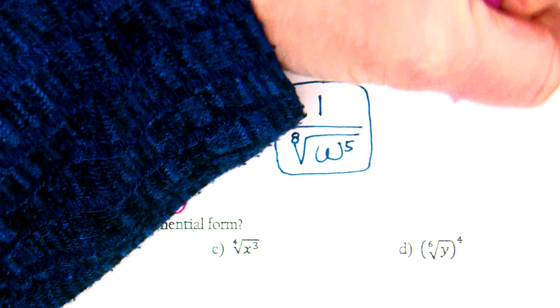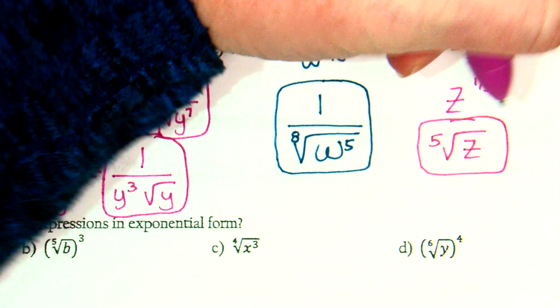So, okay, bottom row. We're going to go the opposite way. So, what are the following expressions in exponent form? Square root of a to the 5th. Exponential form means I want a to some power.